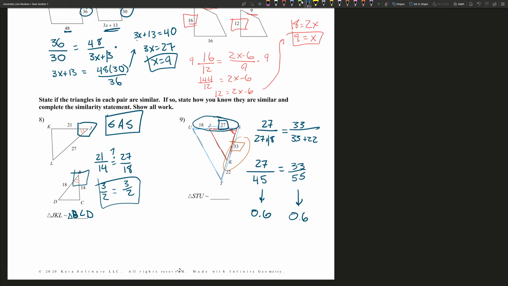So these two triangles are similar because of SAS, and STU would be similar to SKJ. Questions about 8 or 9?